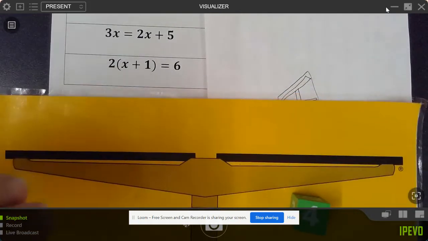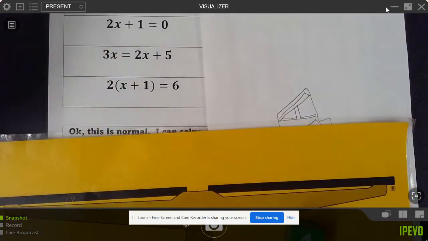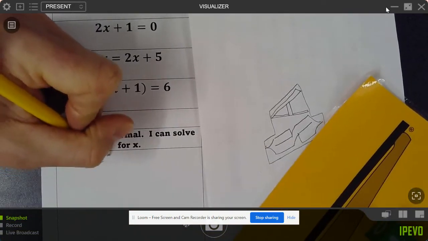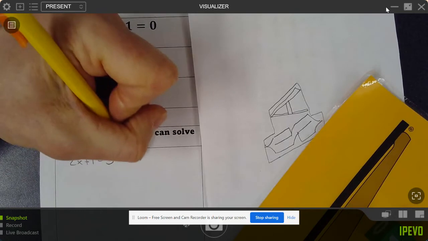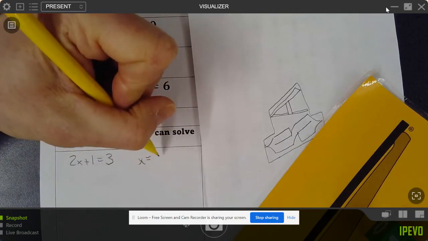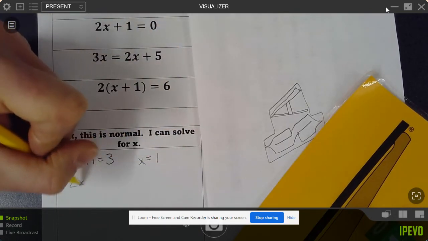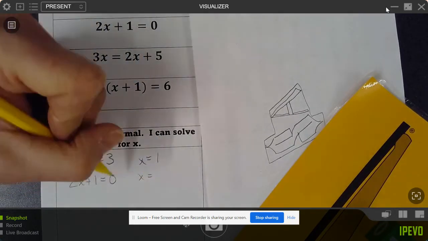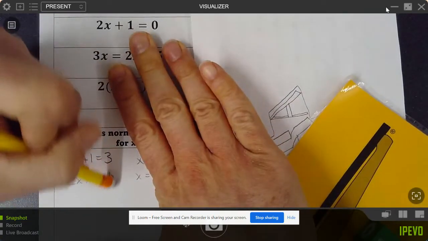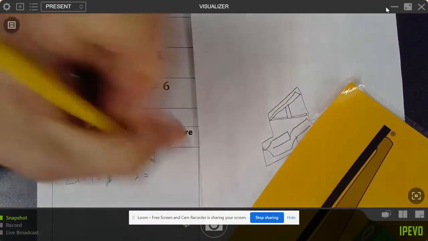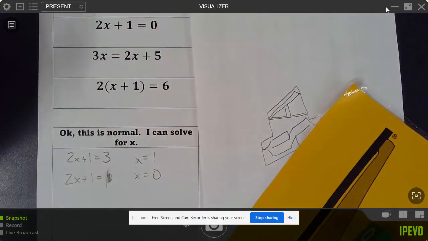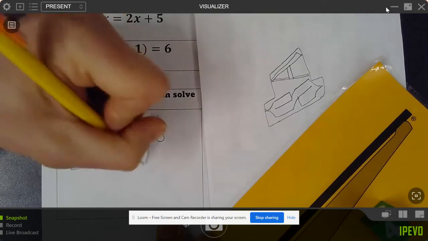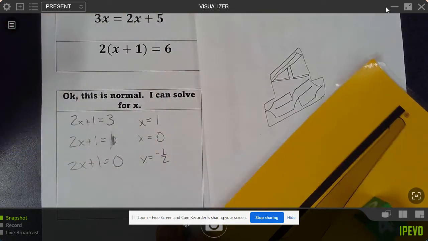All right. So we have now seen these normal equations where you have one answer. I'm going to write down here 2x plus 1 equals 3. That's a normal equation. We already solved this. x equaled 1. 2x plus 1 equals 1, we solved this one, and we found out that x is 0. 2x plus 1 equals 0 was a little trickier, but it was still x equals negative 1/2.